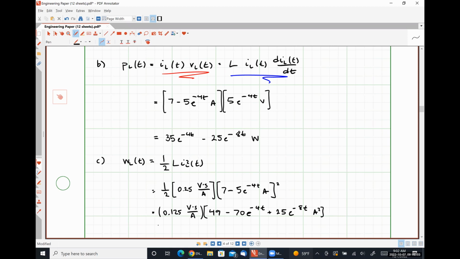So this is going to come out to be 6.125 minus 8.75 e to the minus 4t plus 3.125 e to the minus 8t joules.